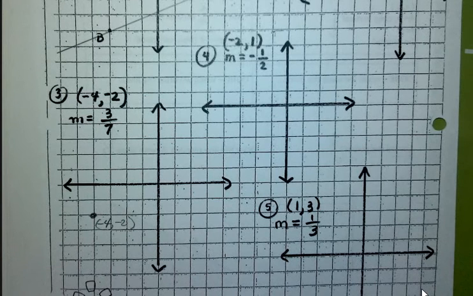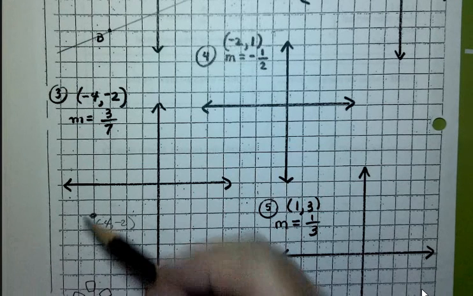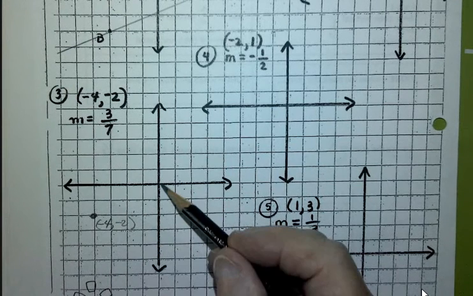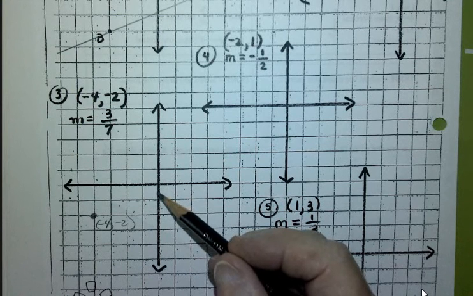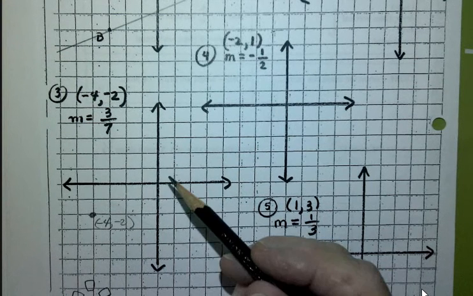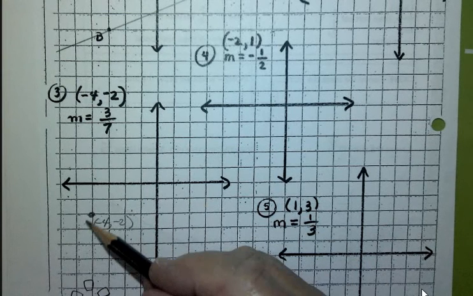Now the slope tells me I'm going to have a rise of 3 and a run of 7. So from this launch pad, notice I'm not going back to the origin. When I'm doing slope, I do not expect to start at the origin. I could, but that would be just random. Most of the time, I will have a launch pad that's not the origin.